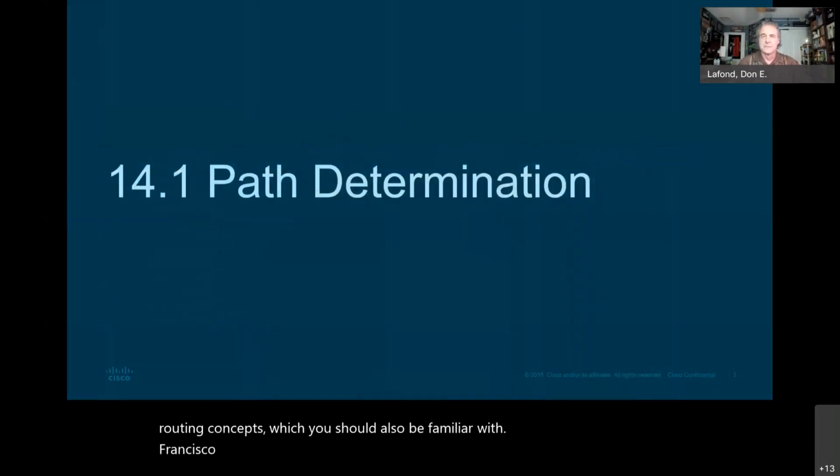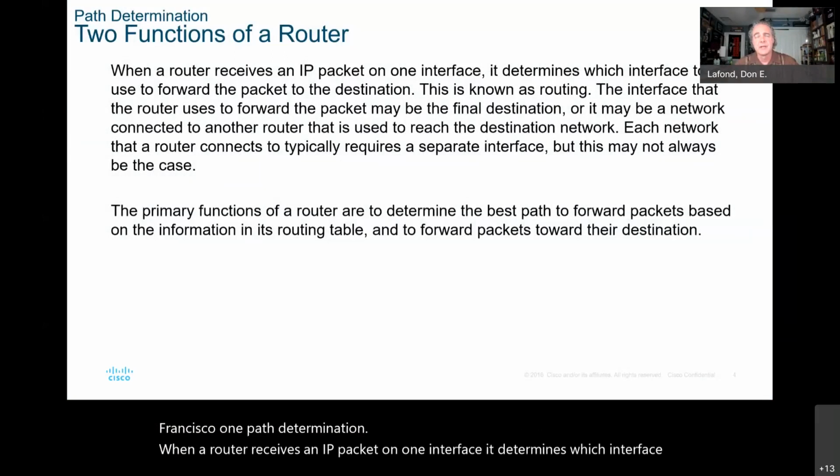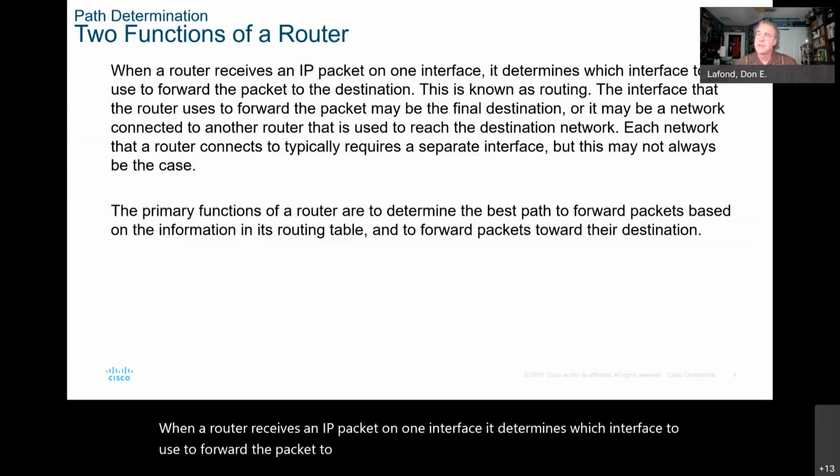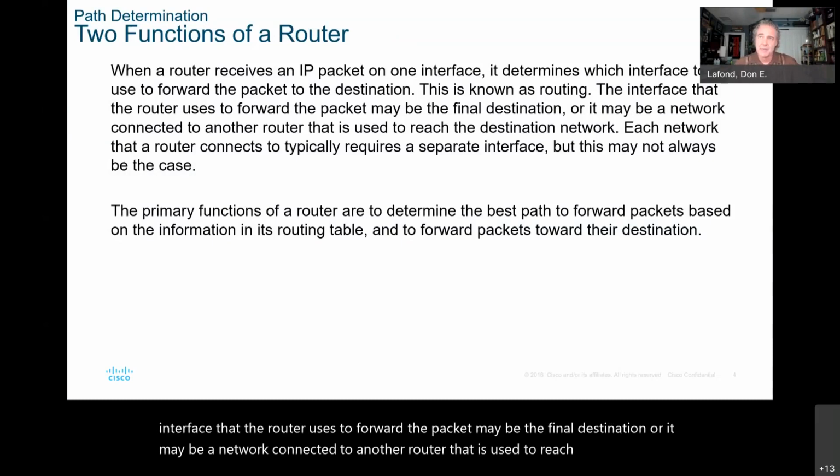Path determination. When a router receives an IP packet on one interface, it determines which interface to use to forward the packet to the destination. This is what's known as routing. The interface that the router uses to forward the packet may be the final destination, or it may be a network connected to another router that is used to reach the destination, the next hop.